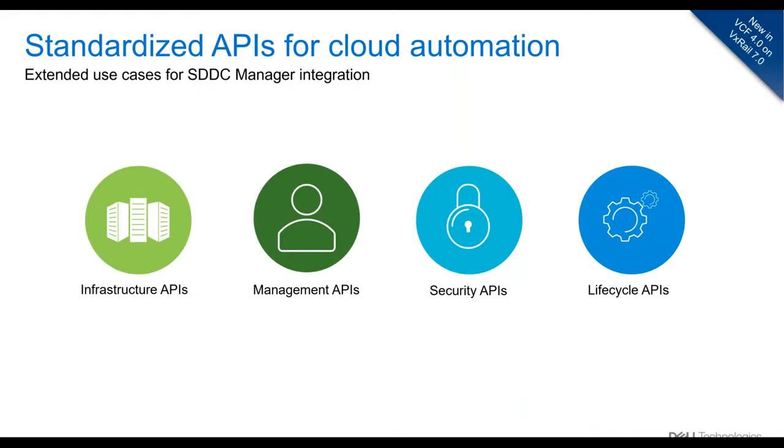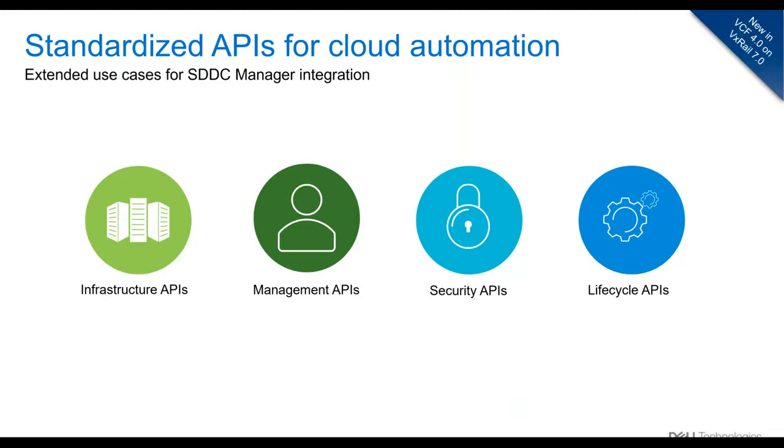So what kind of APIs are supported? Well, ultimately, the APIs are broken up into 4 major categories. You have infrastructure APIs, which handle infrastructure deployment and provisioning, configuration, and retirement. And then you have management APIs, which deal more with, think of user accounts and other types of SDDC Manager focused operations.